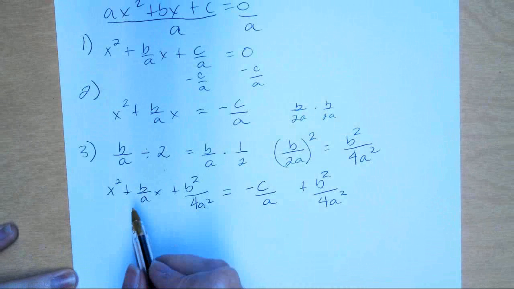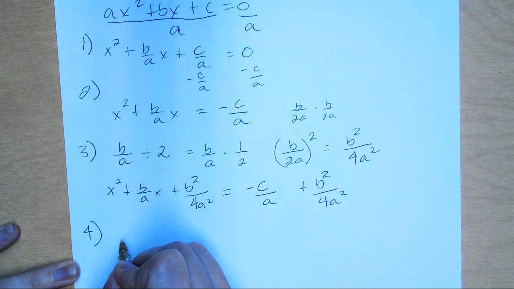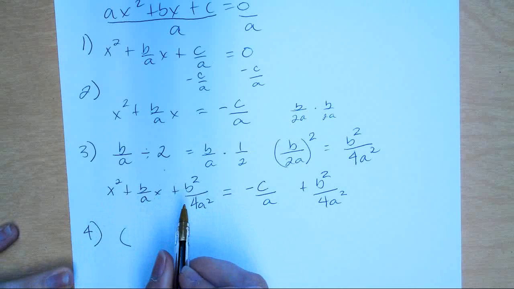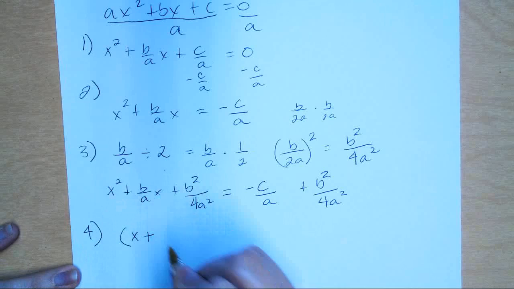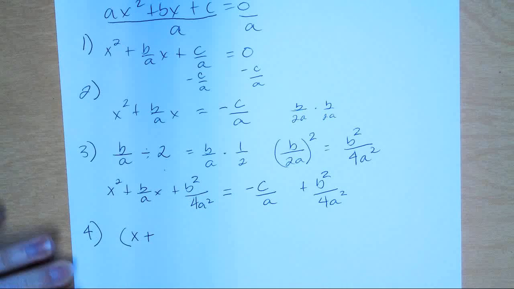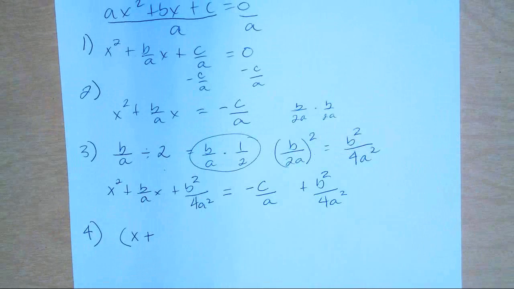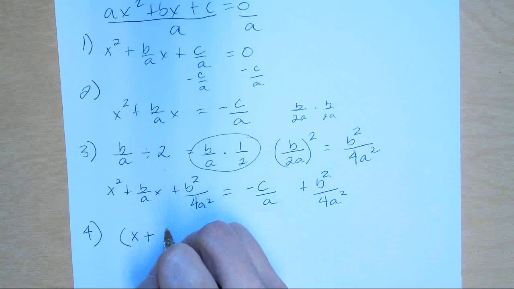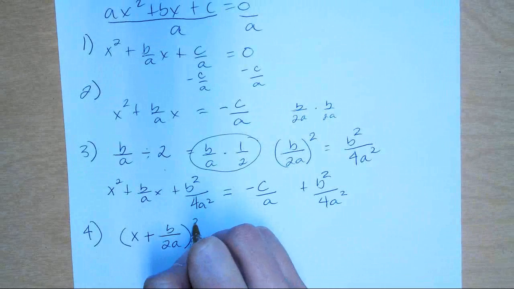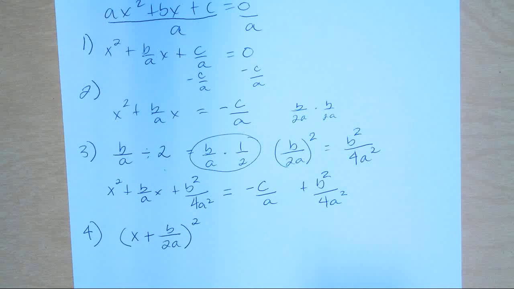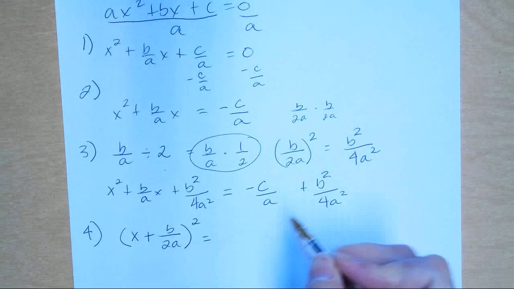Alright, now we're going to factor the left. Remember that this always factors to x plus whatever b over 2 was. Well, remember in our step, we got, I didn't actually write it once by itself, b over 2a. So x plus b over 2a squared on the left, when we factor, equals what we have on the right.